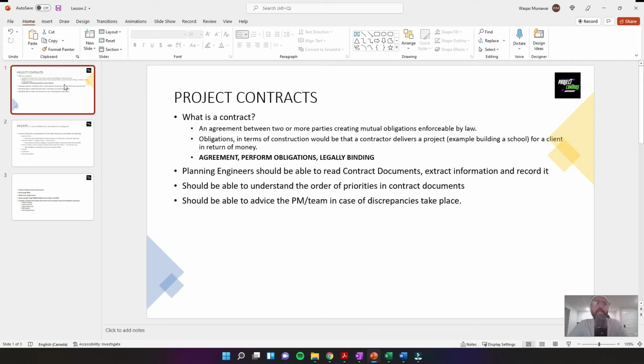So three things. Whenever someone asks you what a contract is, it's an agreement between two or more parties, one party is performing some obligations and the other party is compensating them for that. And the third thing is it's legally binding. When we say legally binding, if one party or the other breaches that contract, it's enforceable by law.